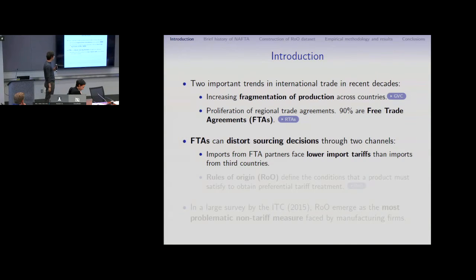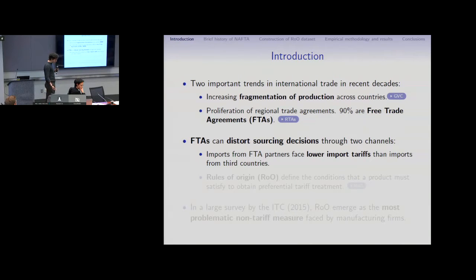And as a result, most of trade nowadays is intermediate goods trade. Also, there has been an impressive proliferation of free trade agreements, which implies that nowadays most of trade takes place within free trade areas. So then a natural reaction to these two trends is to think about how free trade areas can affect fragmentation of production.